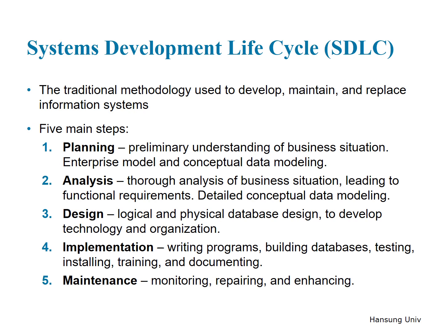The traditional methodology used to develop, maintain, and replace an information system has five main steps. The system development life cycle is sometimes called the waterfall approach. The output from one phase flows down to the next.